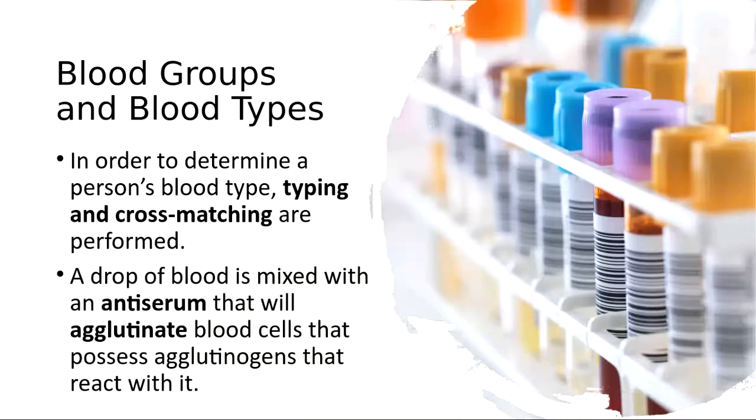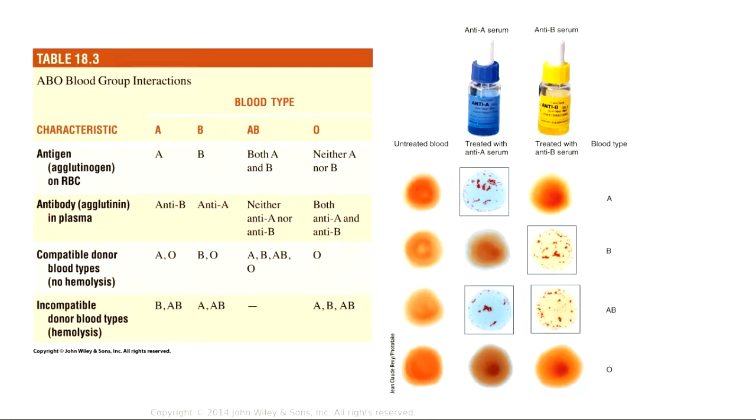Now, in order to determine a person's blood type, we need to do typing and cross-matching. For this typing and cross-matching, we take a drop of blood which we mix with antiserum, and we wait for the agglutination process, which I will show you in the next picture. So during the ABO blood typing procedure, single droplets of blood, as you see here, are mixed with two different antiserums.